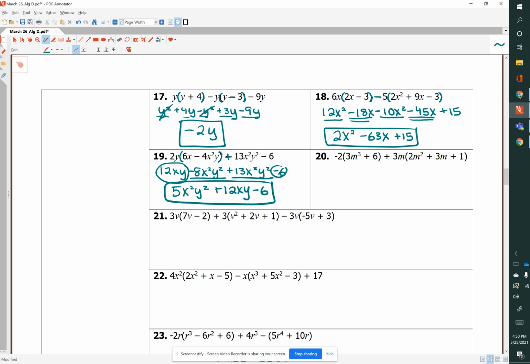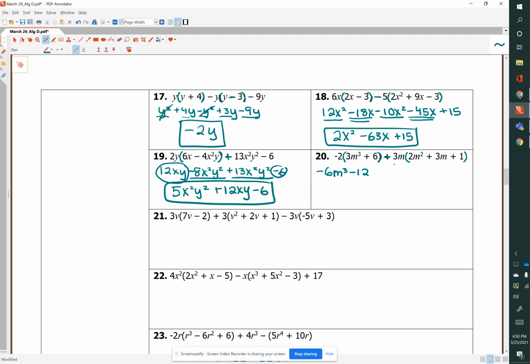And then number 20, we're going to multiply negative 2 times the quantity of 3m to the third plus 6, and then we will add 3m times the quantity of 2m squared plus 3m plus 1. We have a trinomial there. So negative 2 times 3m to the third is negative 6m to the third. 6 times negative 2 is negative 12.